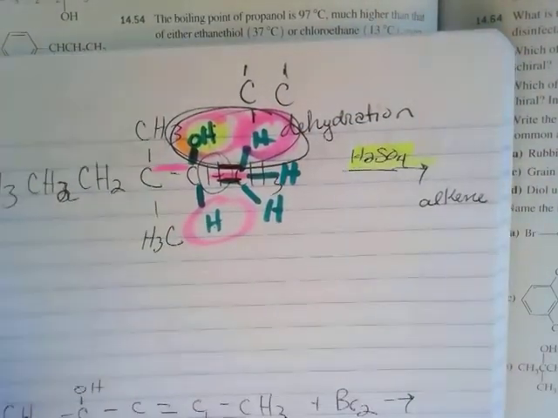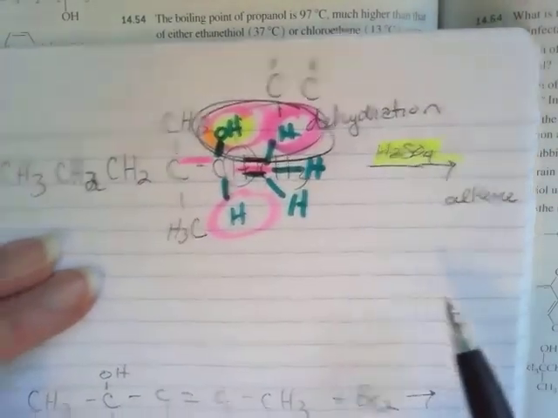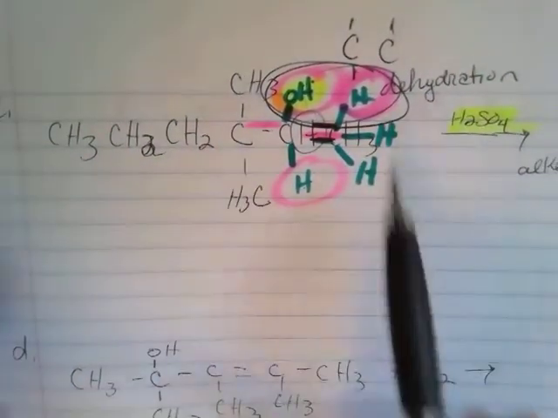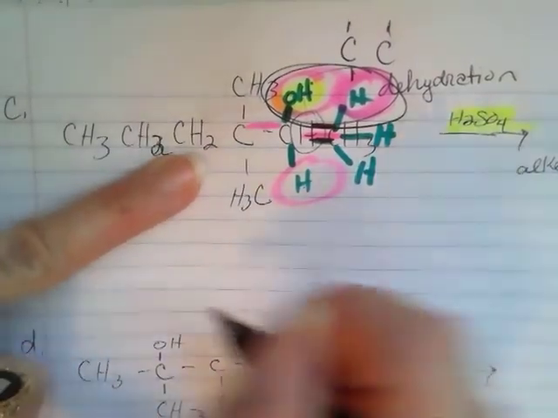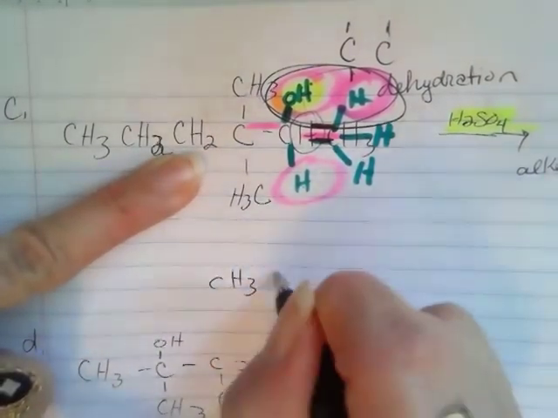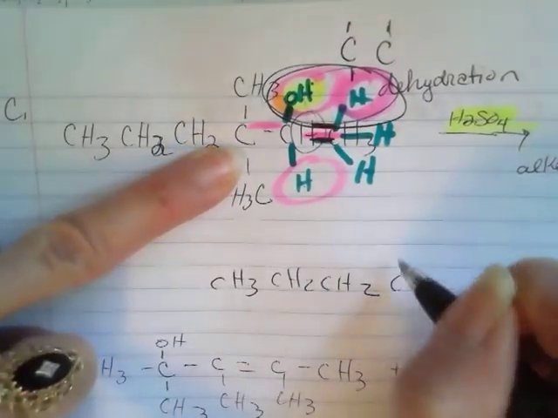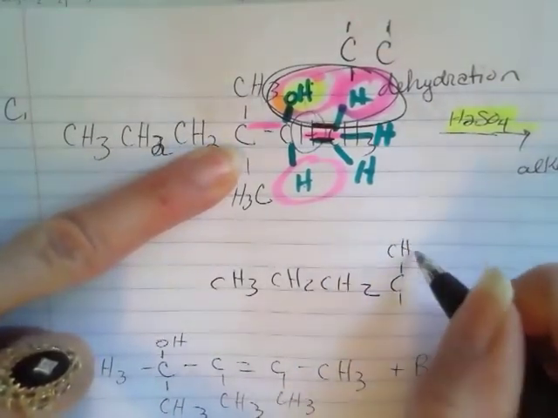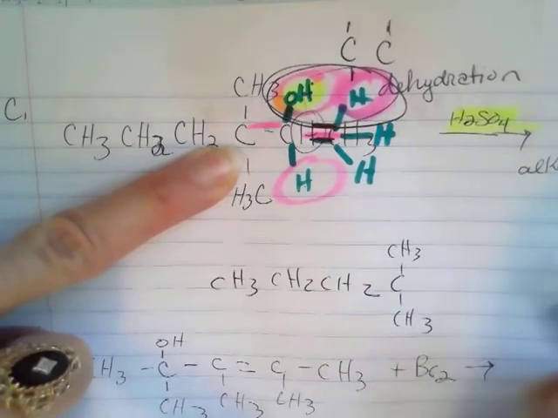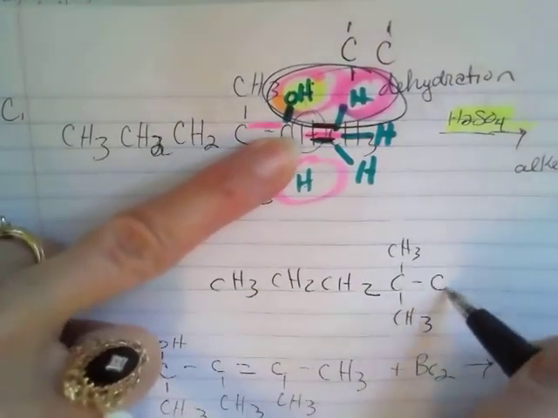So now I'm going to just redraw this to make it a little bit more presentable. So I've got CH3, CH2, CH2. And then I've got my carbon with 2 methyl groups. And then I've got this carbon that I'm looking at.